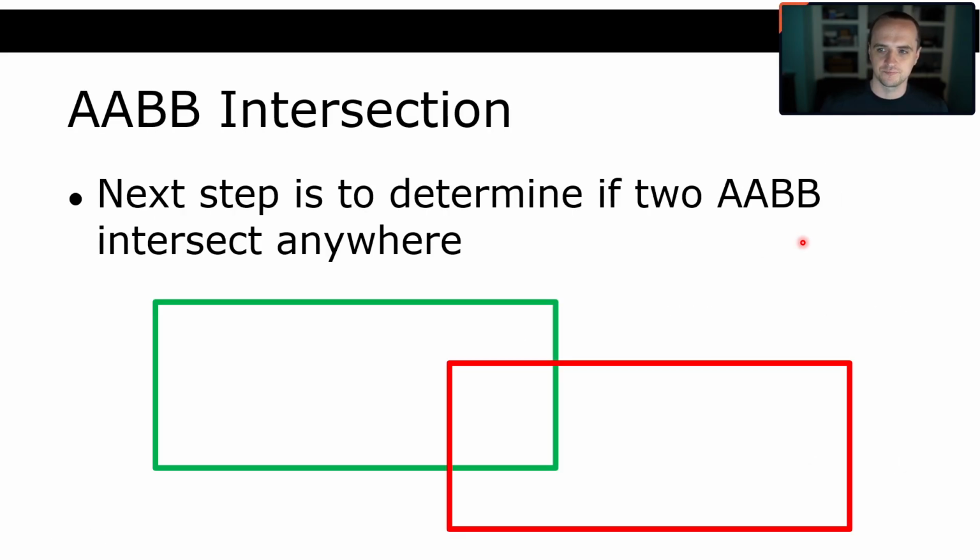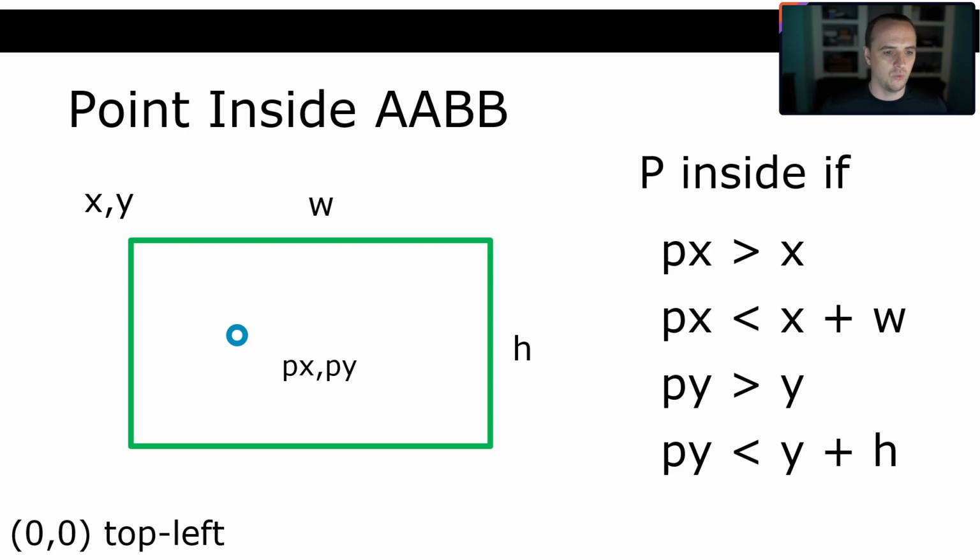All right. So now we move on to the slightly more complicated topic of let's determine if 2 axis-aligned bounding boxes intersect anywhere, okay? So you may think from my last slide, okay, what I can do now is I can test to see if a point lies within a rectangle.